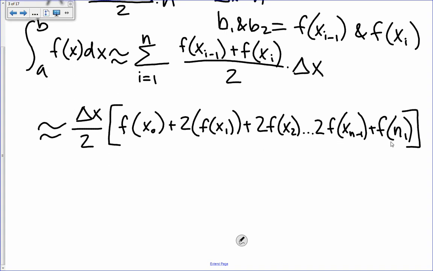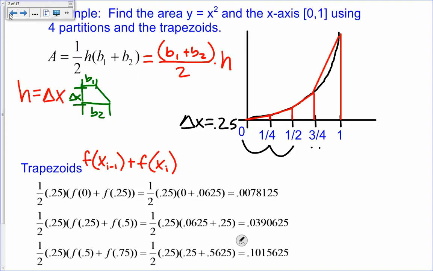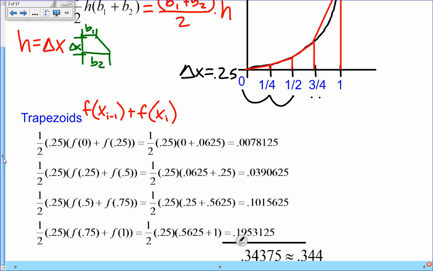Now this is because, I'm going to go back a couple slides, when we're adding up our areas, each of these base lengths, the f of 1/4, f of 1/2, and f of 3/4, are used in two different trapezoids. So we can see here, our f of 1/4 is used here, and it's also used here, and f of 0.5 is used here, and it's also used here. So 2 times these lengths are used in our sum.